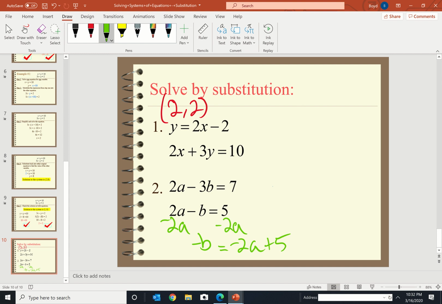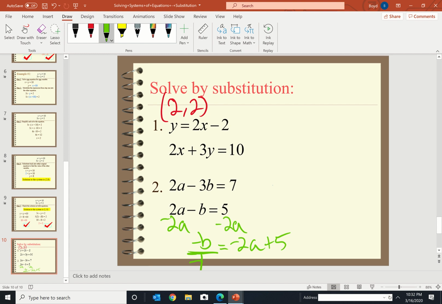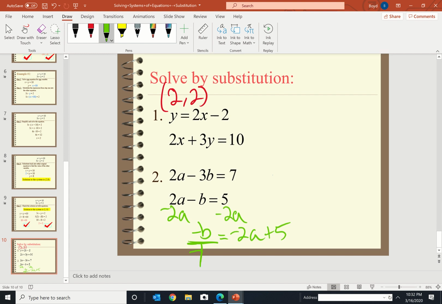I am still not finished because I'm not going to be solving for negative b. I'm going to be solving for b. So in this case, to get rid of the negative, because there's understood to be a 1 in front of that b, I am going to divide. Because it's now being multiplied by negative 1, I'm going to divide by negative 1. And then what I do on one side, I must also do on the other side.